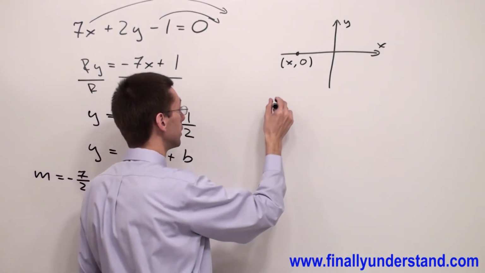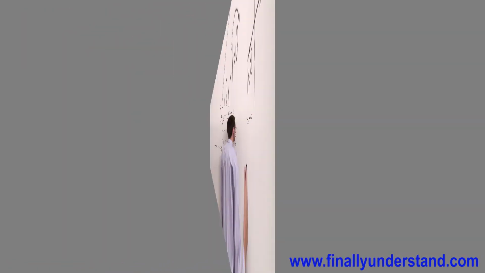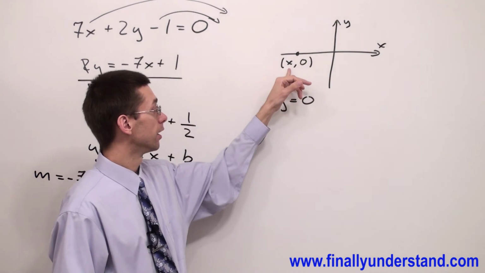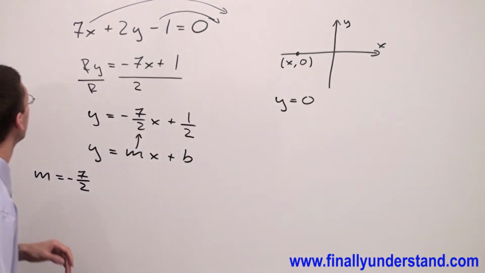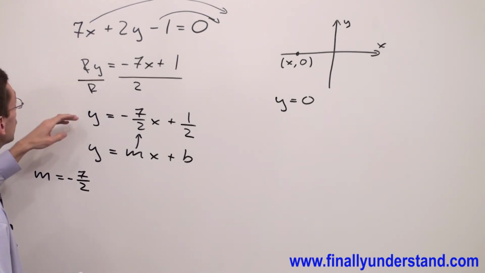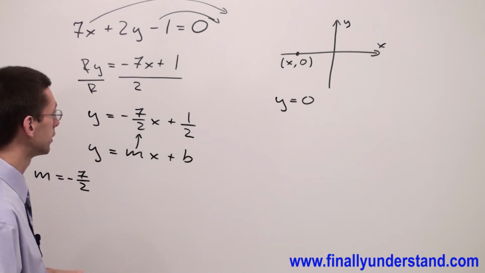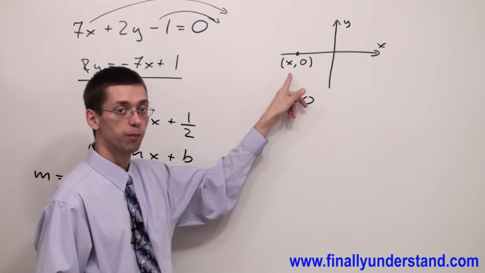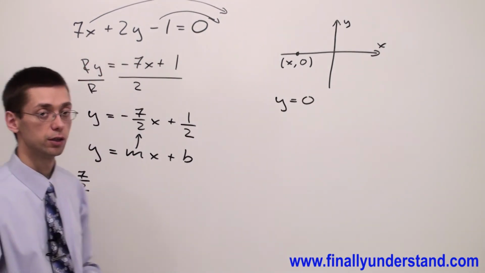The y coordinate is always equal to 0. In order to find the x coordinate, we're supposed to take the general form or slope-intercept form and calculate x by substituting y's by 0.